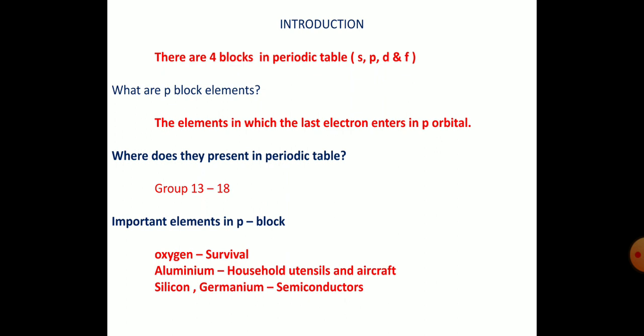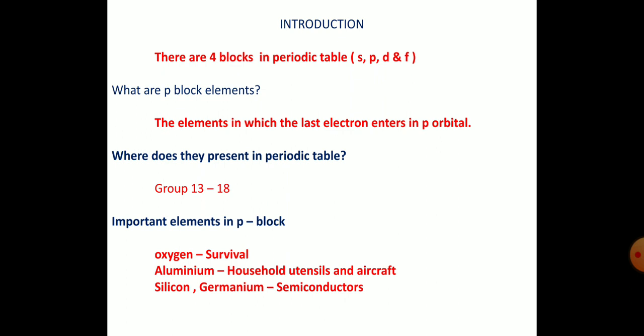Then why are these elements particularly called P block elements? Surely we should have a doubt. Why are certain elements called S block, certain other elements P block, certain other elements D block, and certain other elements F block elements? Since we are studying the P block, I have given the answer for why these elements are called P block elements. The answer is very clear.